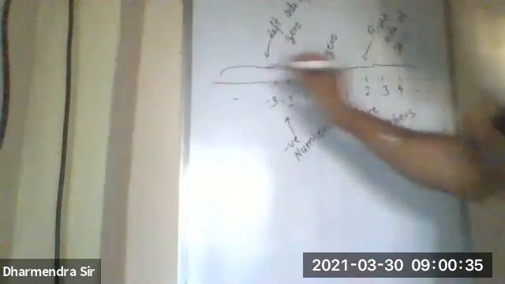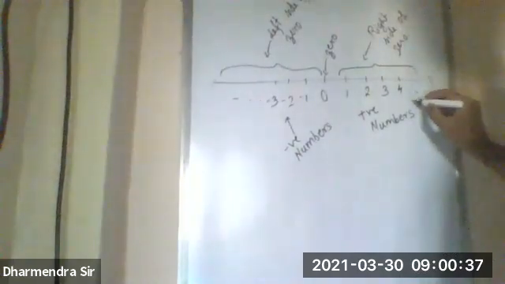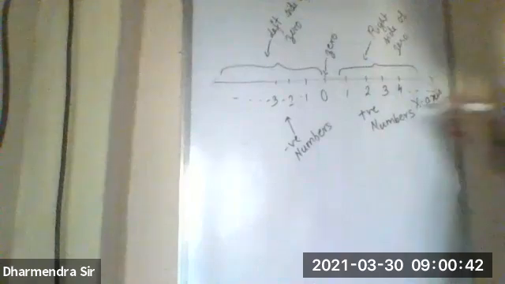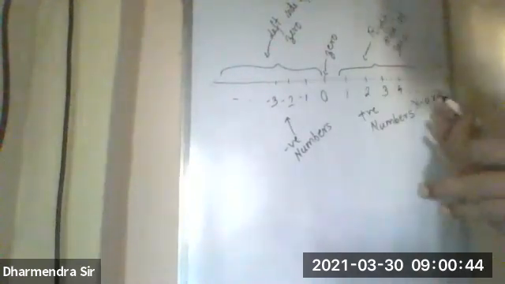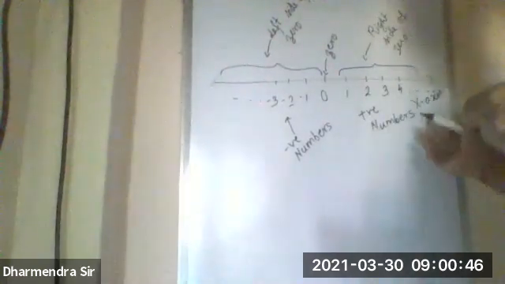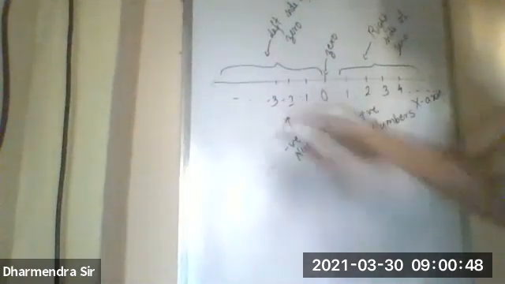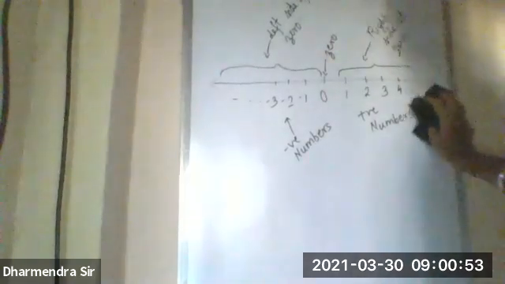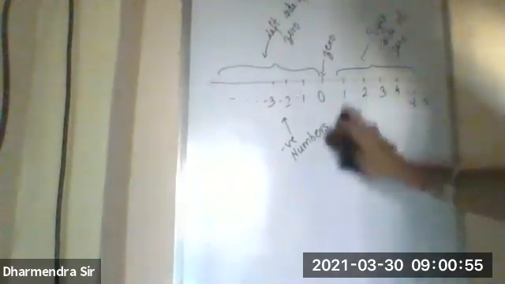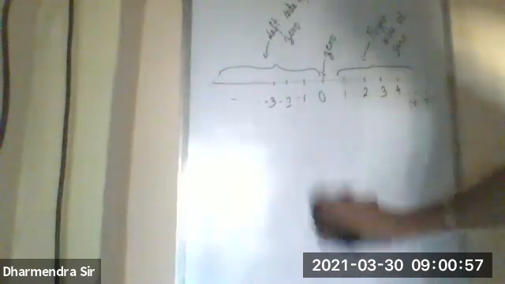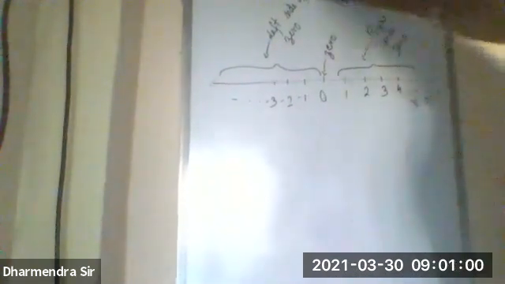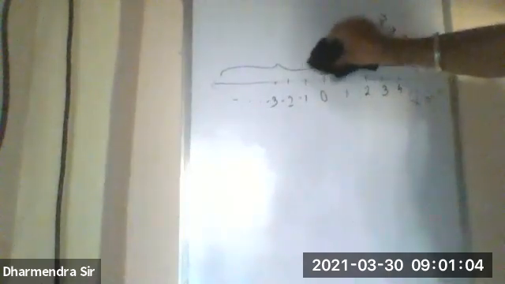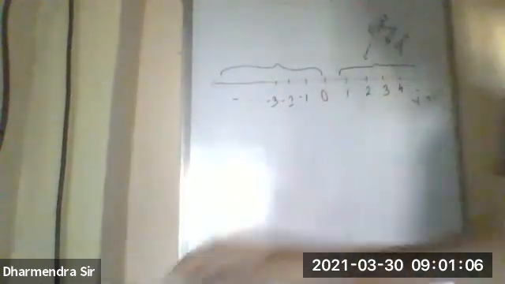This number line, we call as the x-axis. To the right of 0 is the right-hand side of the x-axis, and to the left of 0 is the left-hand side of the x-axis. So let's divide this into quadrants. Quadrants will come into existence if we draw a line perpendicular to this line.